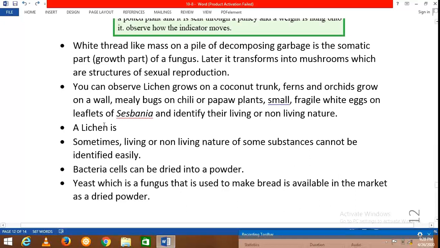Actually, a lichen is a symbiotic relationship between fungi and algae, or this may be a relationship between fungi and cyanobacteria. They make a symbiotic relationship in order to form lichens.